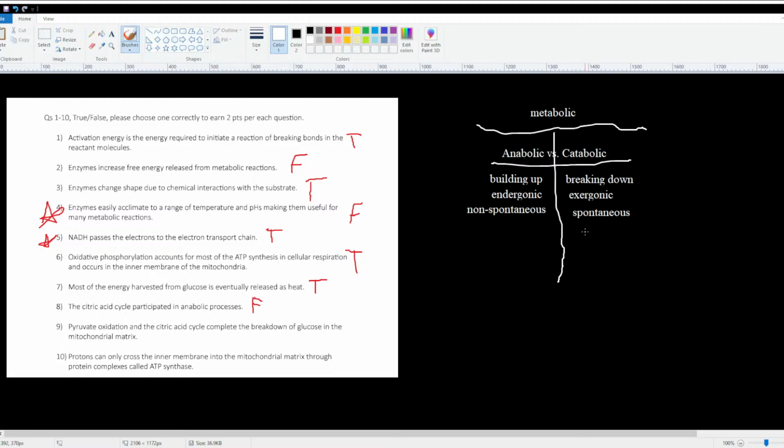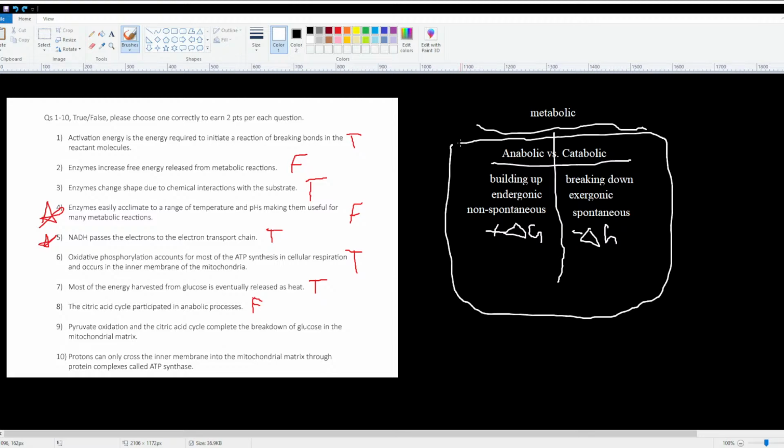It means, if you get this as a question, that delta G is negative for catabolic processes and delta G is positive for anabolic processes. So this is kind of like your cheat sheet, right? It's really important that you know these terms.